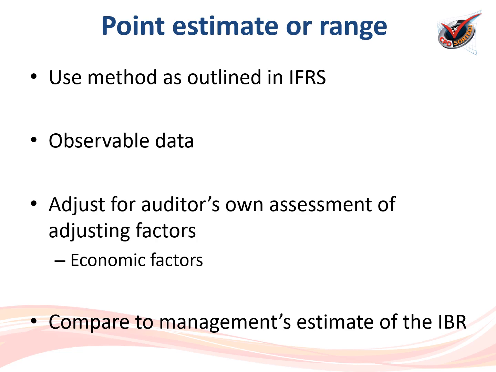The impact and consideration of whether or not this would lead to a material difference would need to be considered to determine whether or not the auditor was satisfied with the IBR calculated by management.